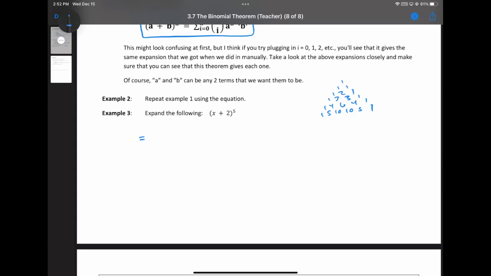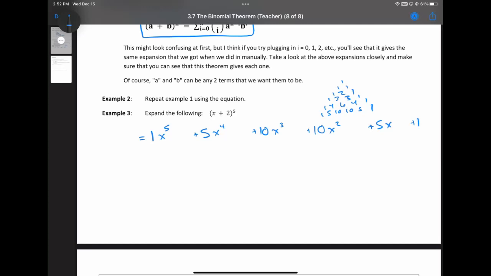So I'm going to leave some space. 1, 5, 10, 10, 5, 1. And now I'm going to start off with the first term in my binomial, which is an x, and it's going to start off with its maximum exponent. So it's going to be x to the 5, x to the 4, x cubed, x squared, x to the 1, and x to the 0, which I don't bother writing.